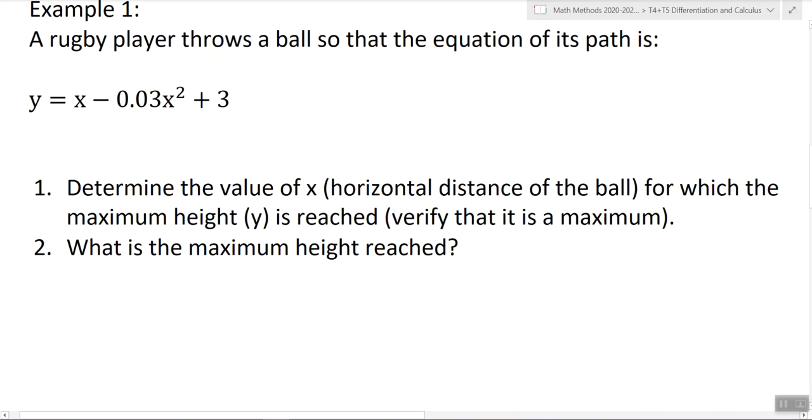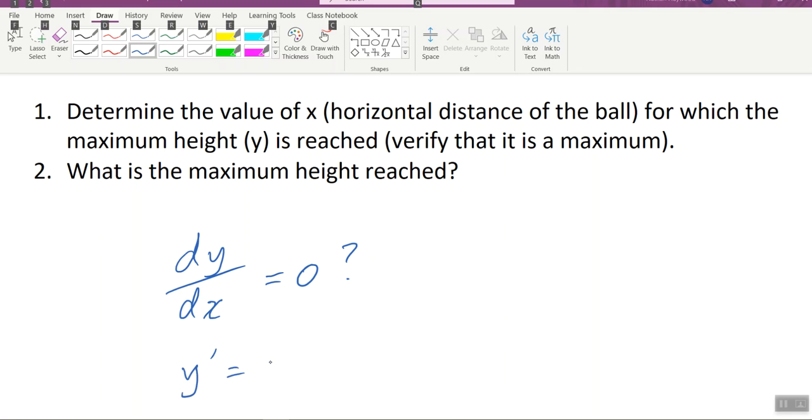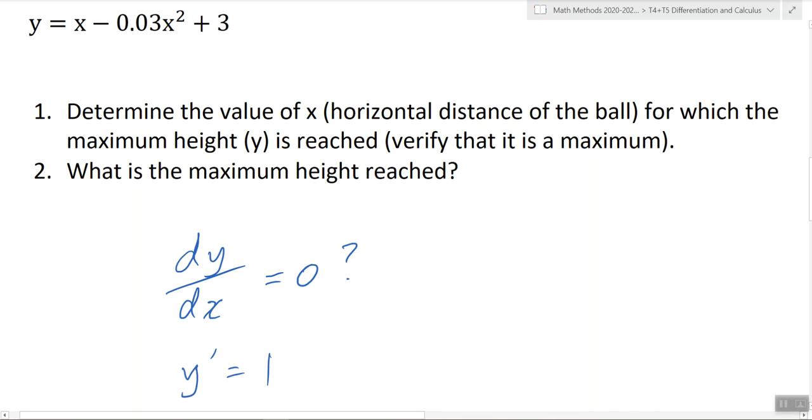Like yesterday with the stationary points, first step, find when the rate of change is equal to 0. So we need to find the derivative. So y dash, what's the derivative of that? Pretty easy. Yeah, the x becomes 1, the 0.03 x squared becomes 0.06x.